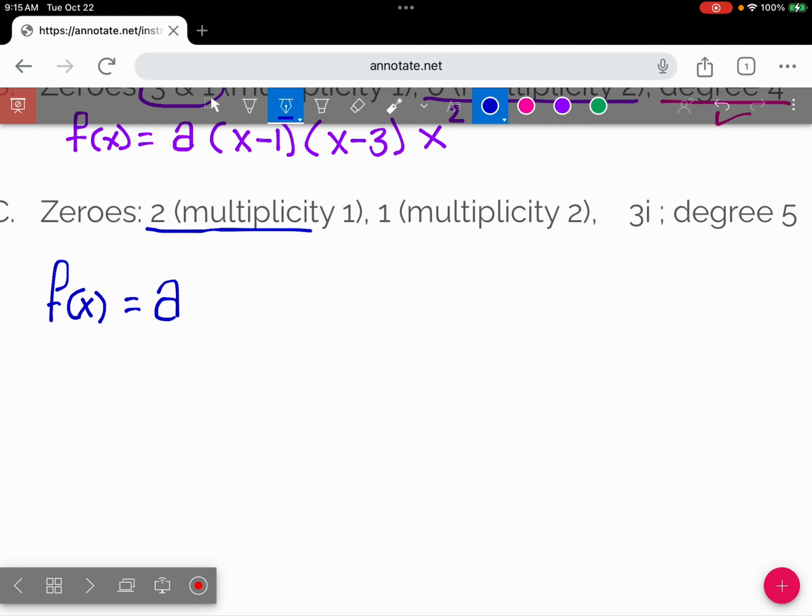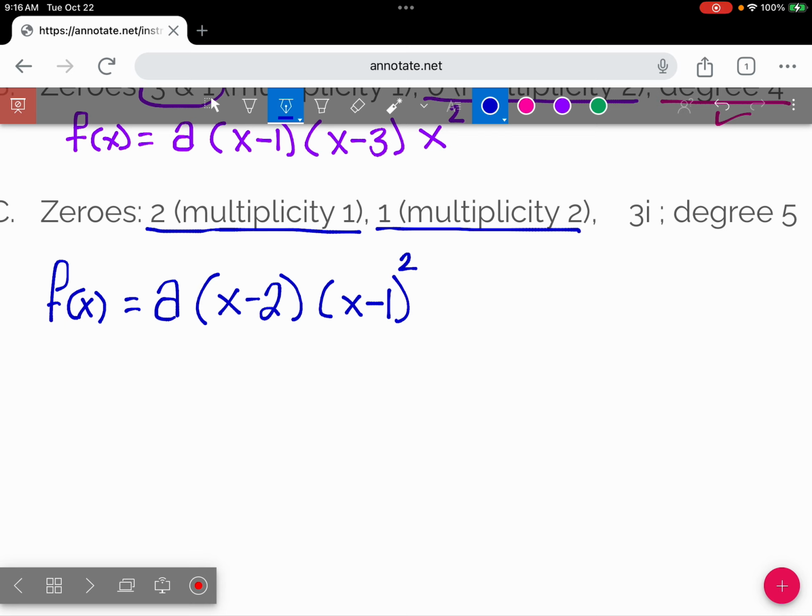How do I write my root of 2 with multiplicity of 1? X minus 2. How do I write my root at 1 that has a multiplicity of 2? Yeah, so we can take our factor, that x minus 1, and square it. Totally a thing. Then we have this 3i thing.